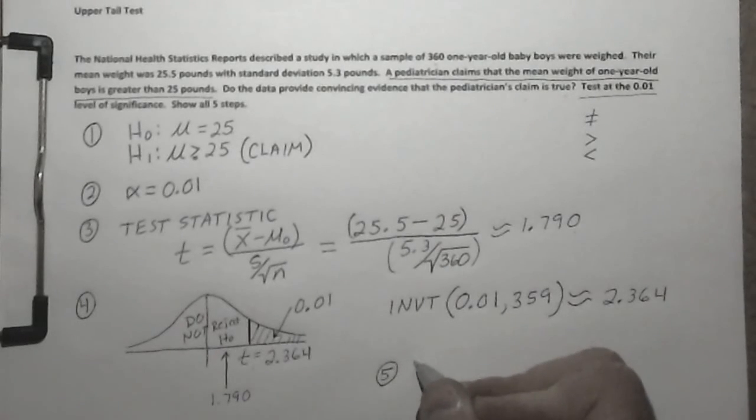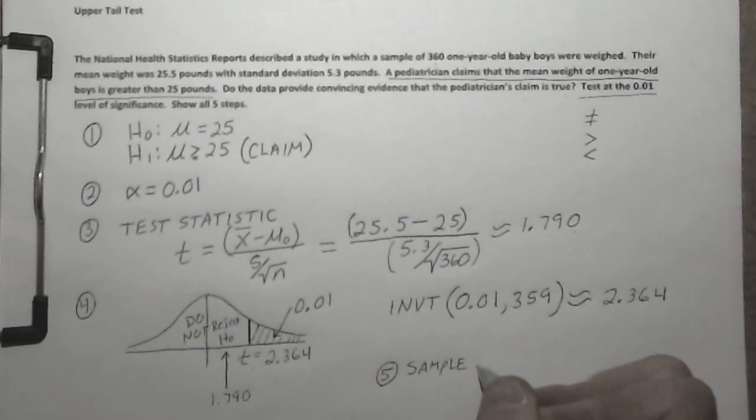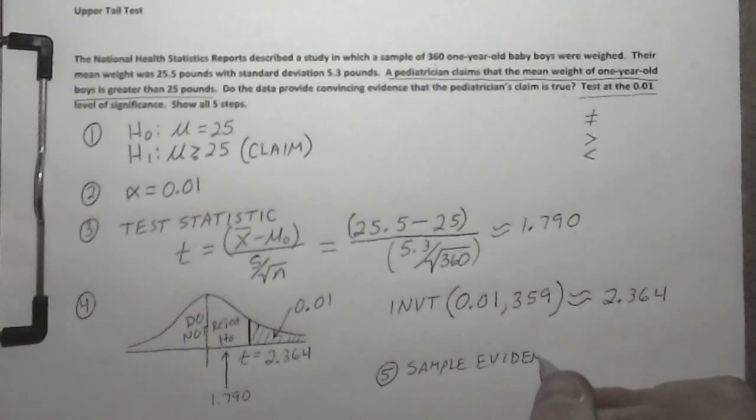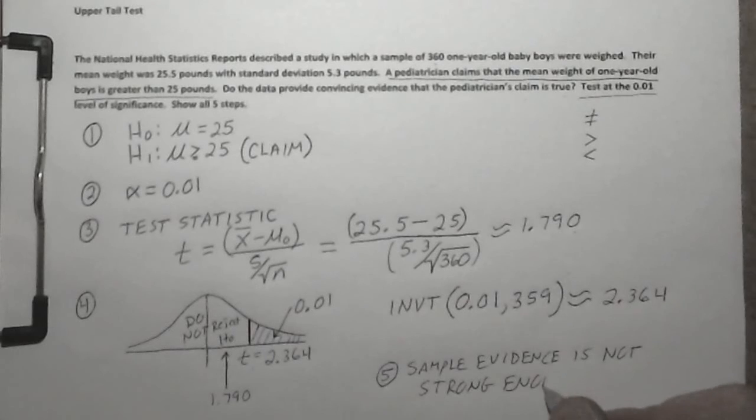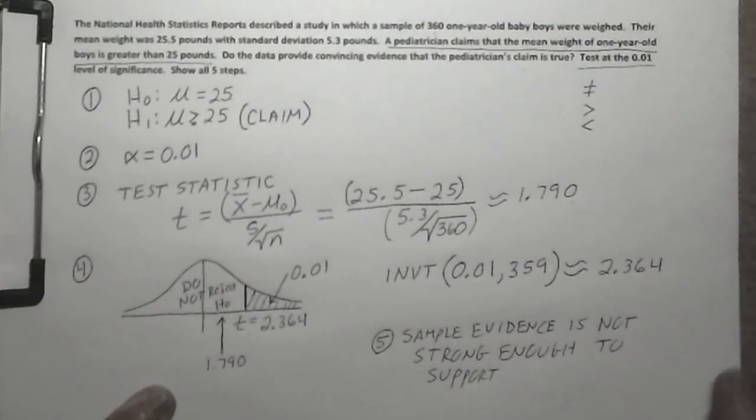We would say that sample evidence is not strong enough to support the claim that the population mean weight of all 1-year-old boys is greater than 25 pounds.